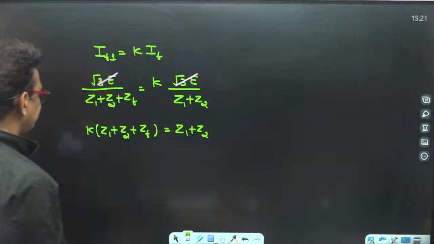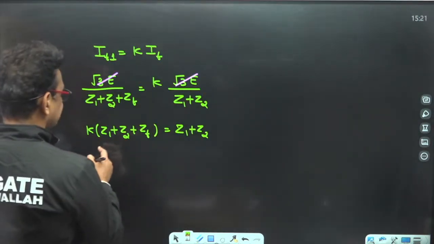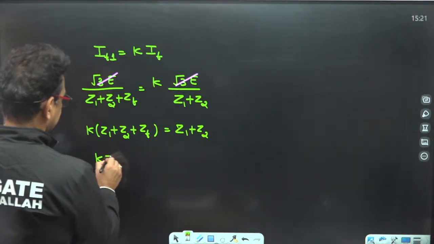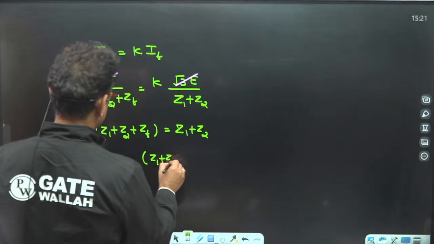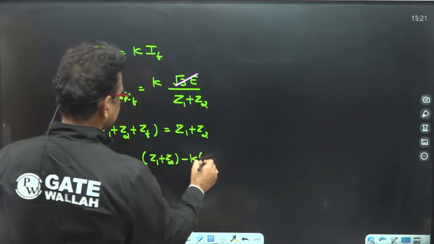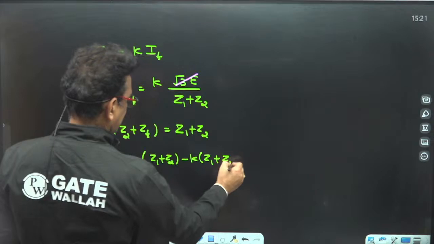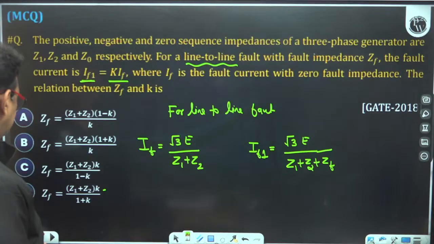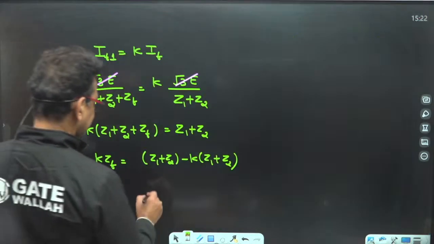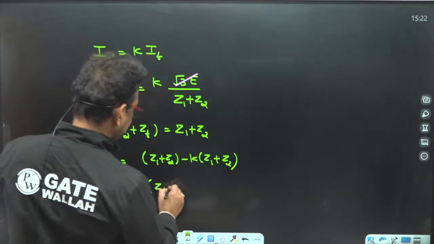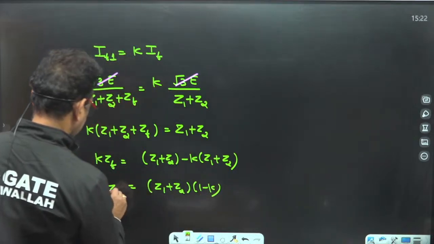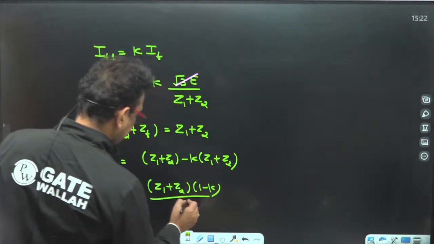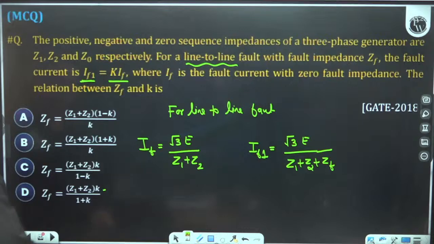So K ZF is Z1 plus Z2 minus K (Z1 plus Z2). Taking Z1 plus Z2 as a common term, ZF is (Z1 plus Z2) times (1 minus K) divided by K. A is the right option.